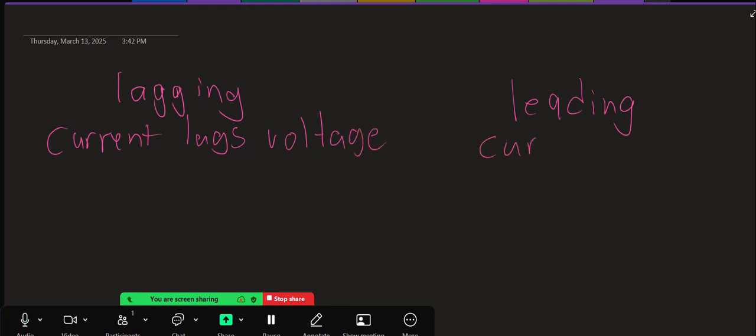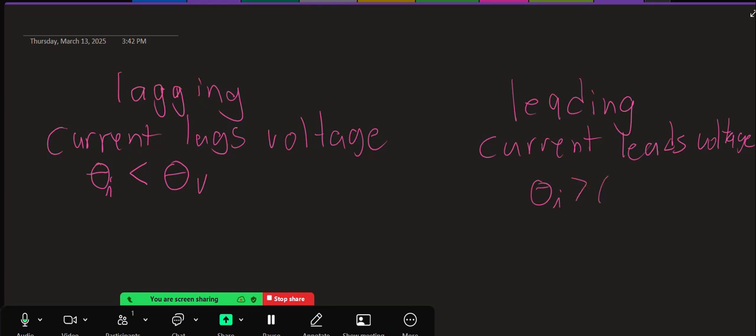This means current leads voltage. So this would be our theta I is less than theta V. This would be theta I is greater than theta V.